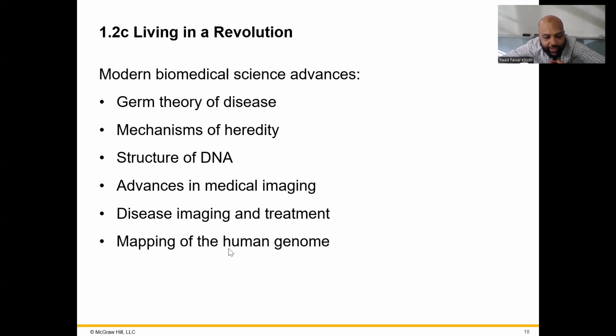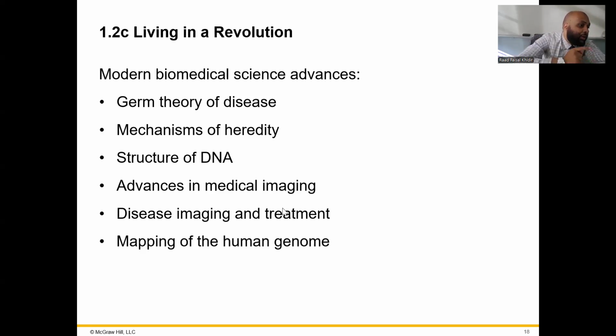Disease imaging and treatment. So now we are able to use diagnostics, and we are able to use CT scan and X-ray and ultrasound to help us see the processes even better than our own naked eye.